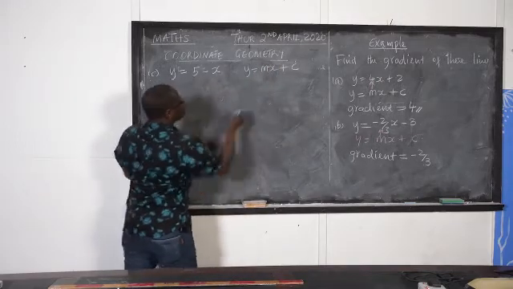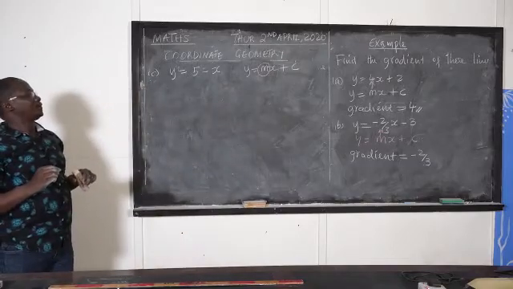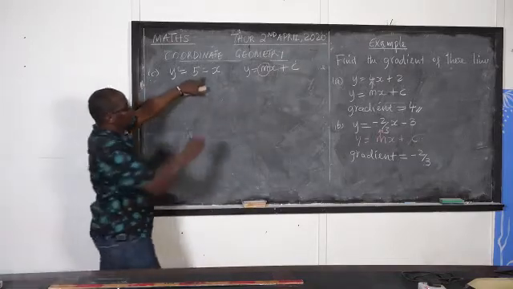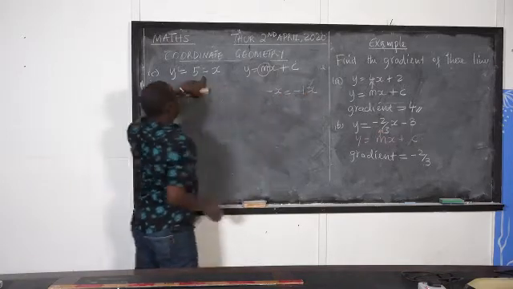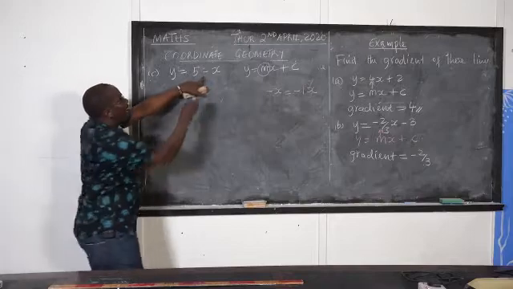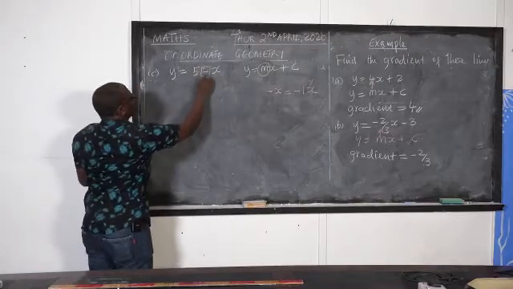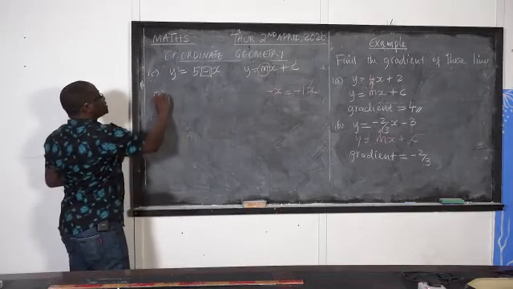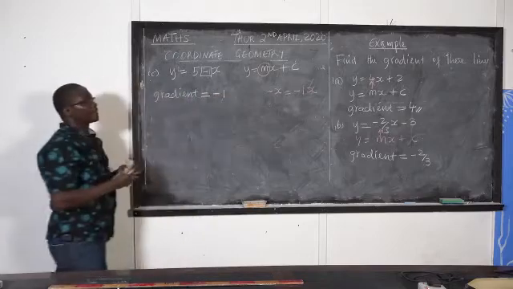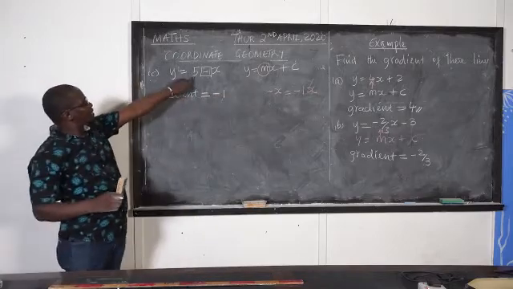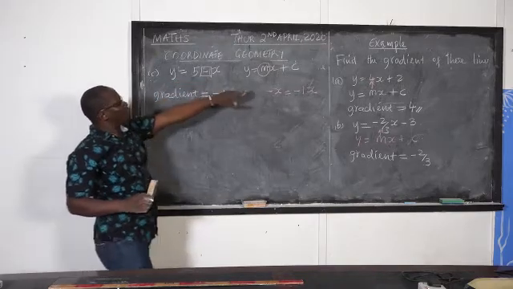The gradient is always given by m, the number in front of x. And take note here, please, negative x is the same as negative 1x. So just add the 1 there, so that your gradient is now negative 1. That is very, very important, so don't make that mistake. 5 is your c, the constant, when you compare this with the general equation.